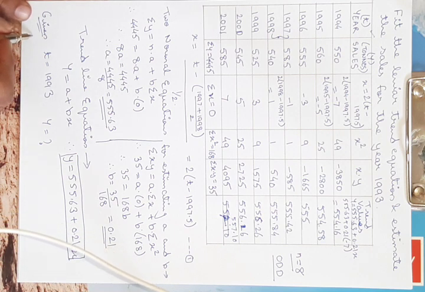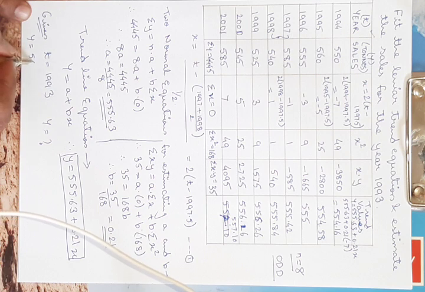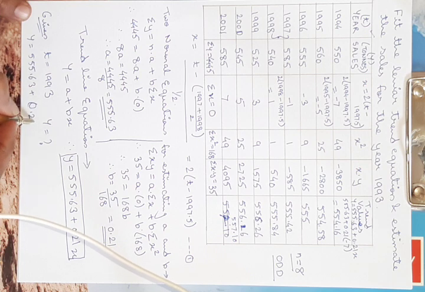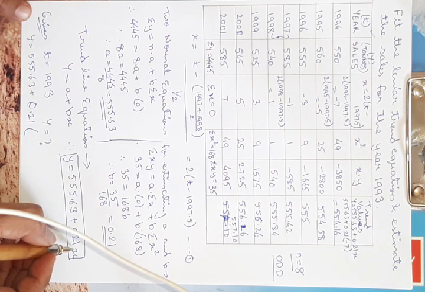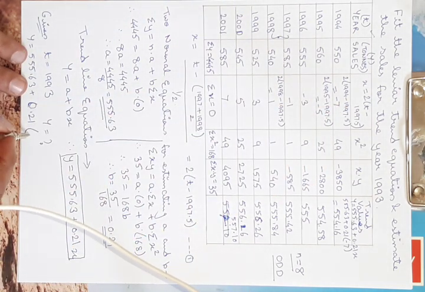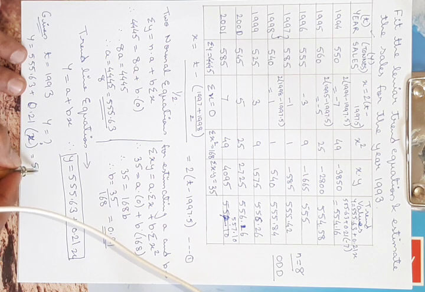We will calculate it by the formula y is equal to 555.63 plus 0.21 into x. So what is this x? X is nothing but T.